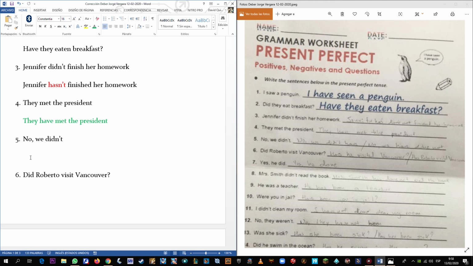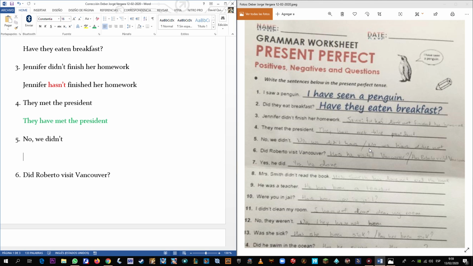Our student has written the following: no, we didn't have, or no, we have done not. These two answers are not correct because here our student uses didn't and have, something that is not necessary.